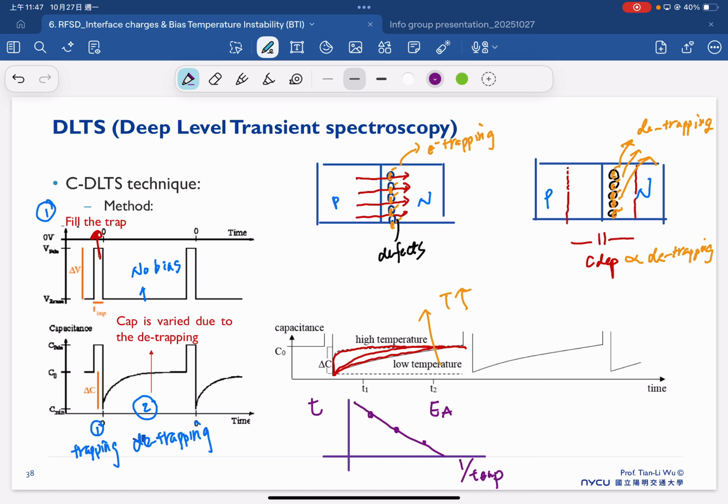This activation energy means the trap energy level in the PN junction. So that's the idea of capacitance DLTS. Basically we look at how the capacitance recovers with respect to the temperature, and once we see the temperature dependency, we can make an Arrhenius plot, and then calculate the activation energy, which is the trap energy level.